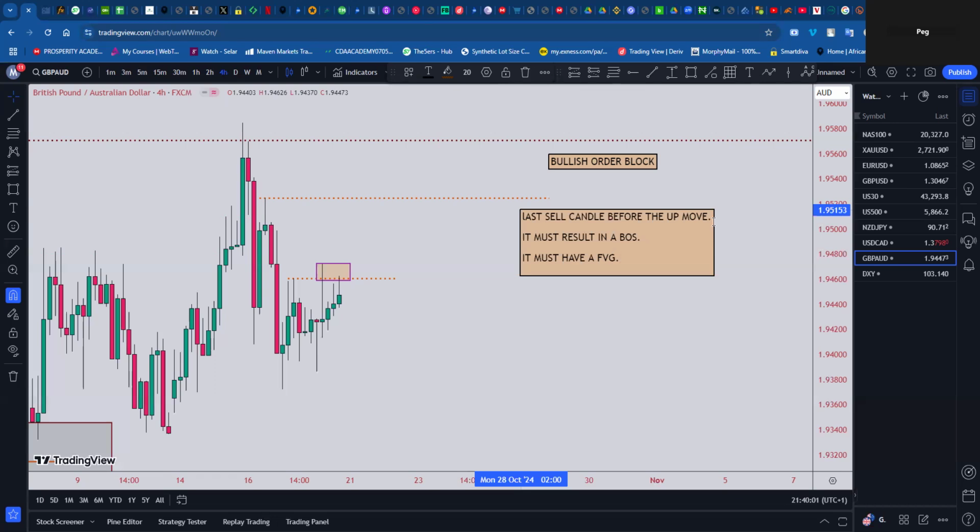And four, it should be in the discount zone of the price range. Must be in the discount zone of the price range.